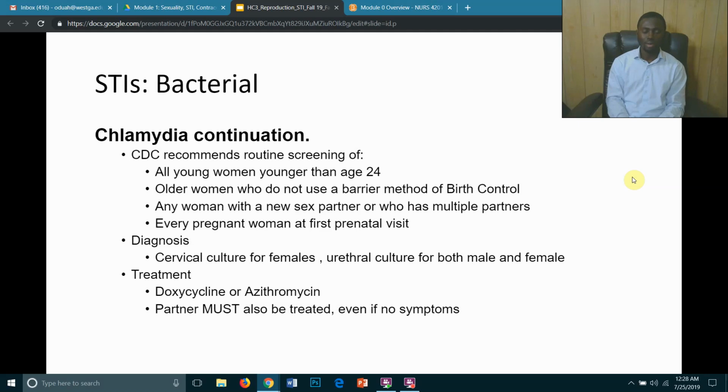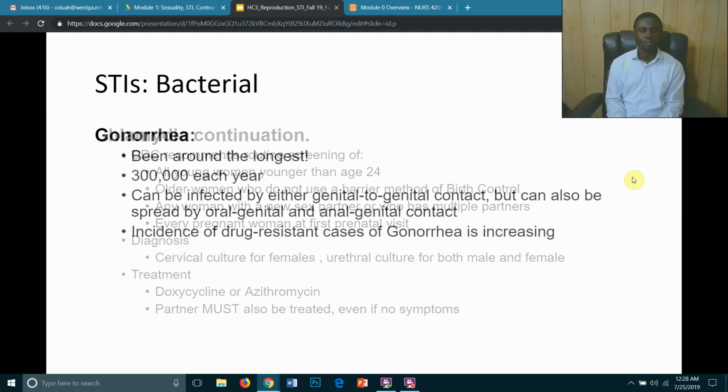However, the Zithromax is preferred because you only have to give 1 dose and they can take it right there and you know that they have been treated. The partner must also be treated even if they don't have any symptoms, because it's considered that once the other partner has it, then the partner is also going to be automatically infected, and so you treat them as well.